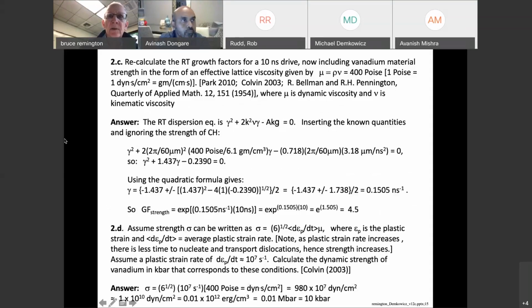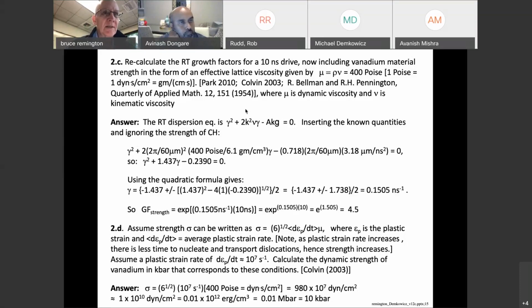2C: recalculate the Rayleigh-Taylor growth rate, including the vanadium material strength, assuming this as a lattice viscosity for the moment. And so we're going to assume I believe it's a 400 poise initial lattice viscosity.